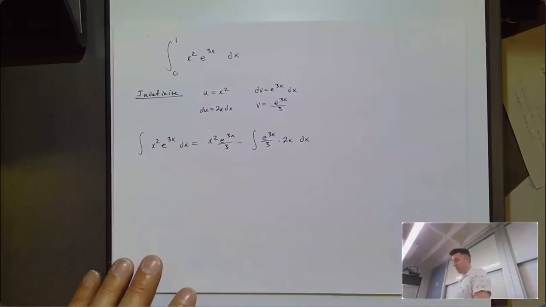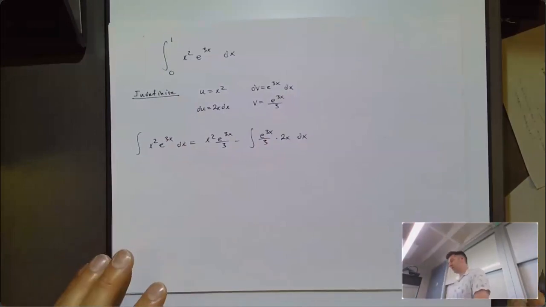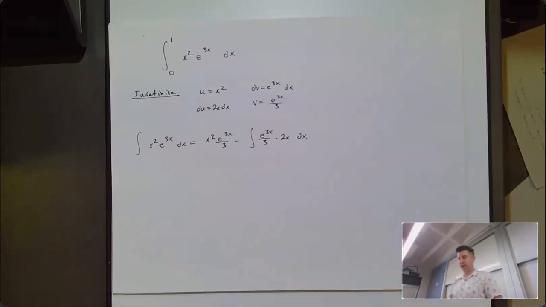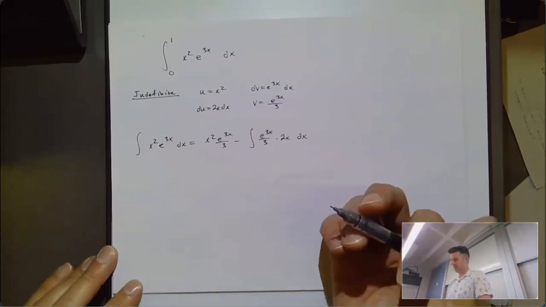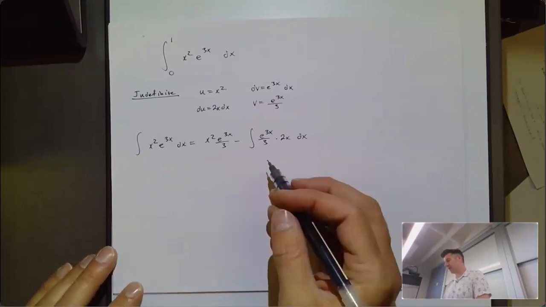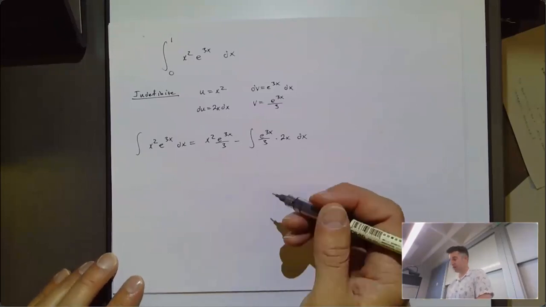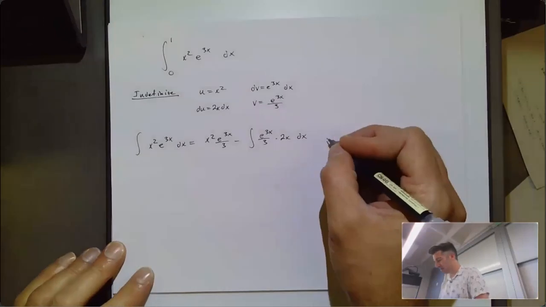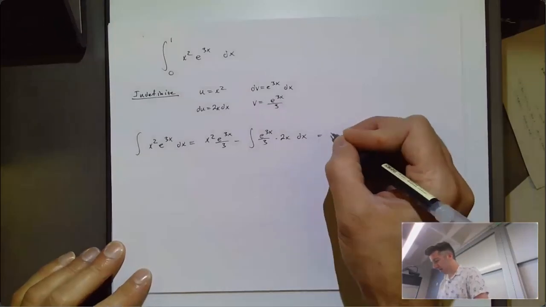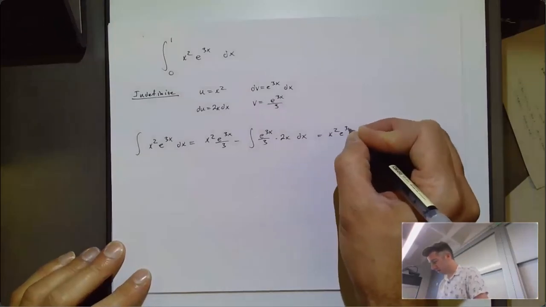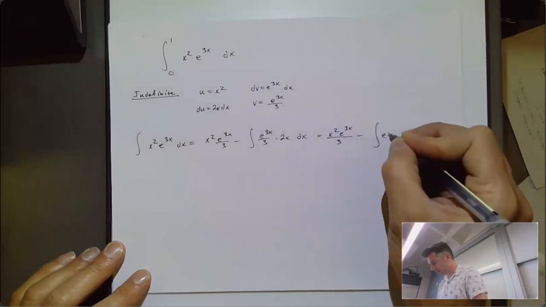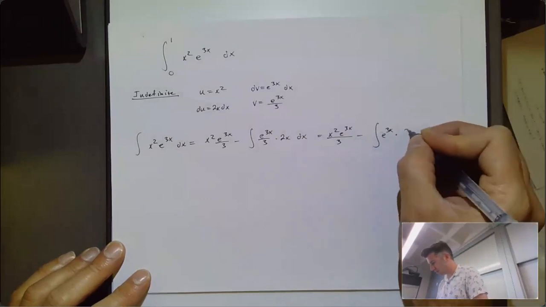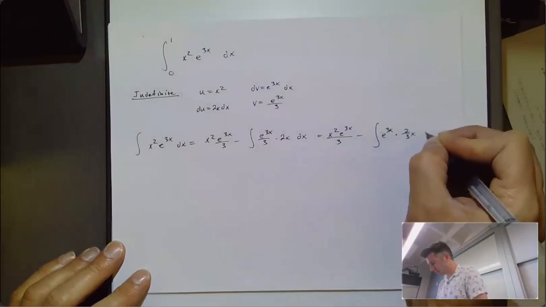And then we have to do integration by parts again. And at this point, people like to do different things. I like to factor out the 2/3, other people don't. I'm actually going to, I feel like it's easier to keep track of things if we don't. So I'm just going to rewrite this as x squared e to the 3x over 3 minus the integral of e to the 3x times 2/3 x dx.